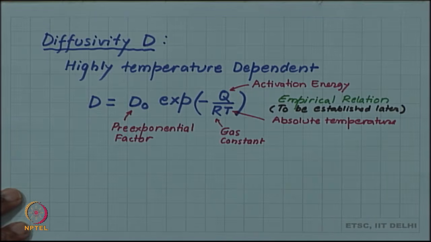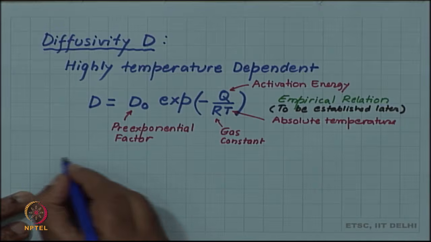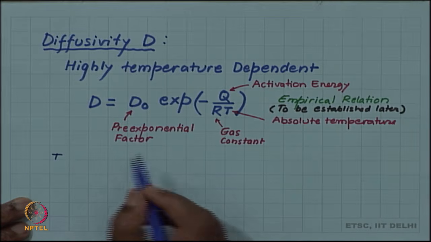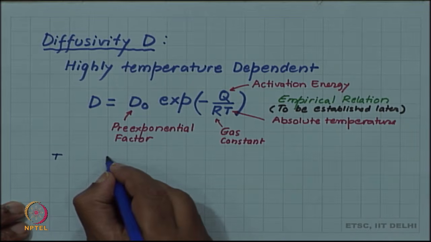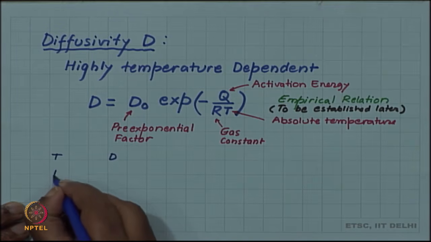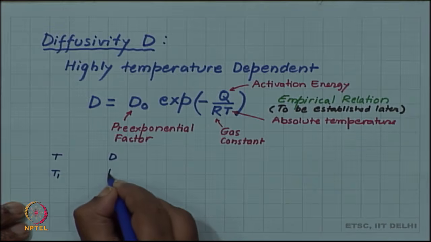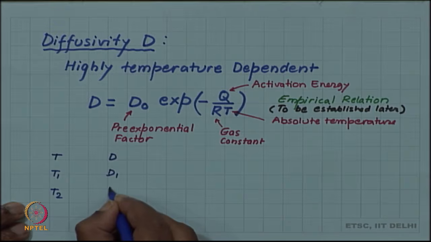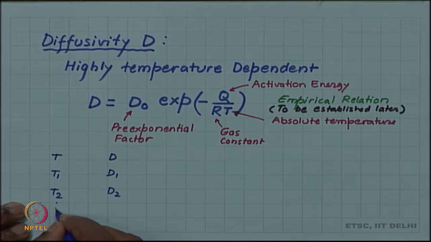So, if we have experimental data, let us say we do a diffusion experiment at different temperatures and measure the diffusivity. At temperature T1 we have diffusivity D1, at temperature T2 diffusivity D2, and so on.